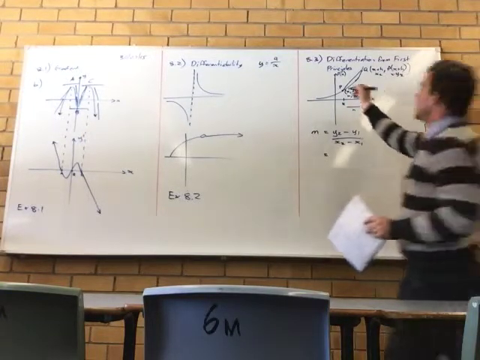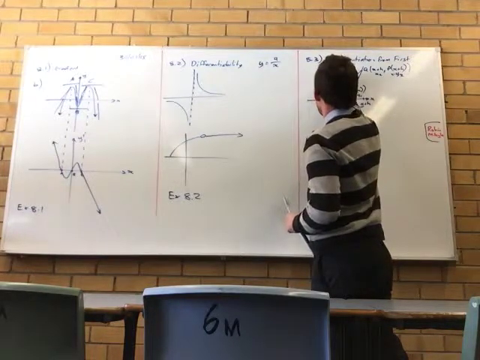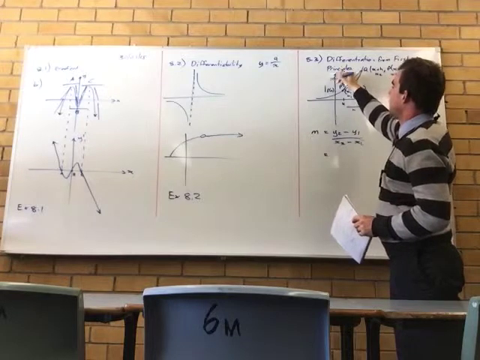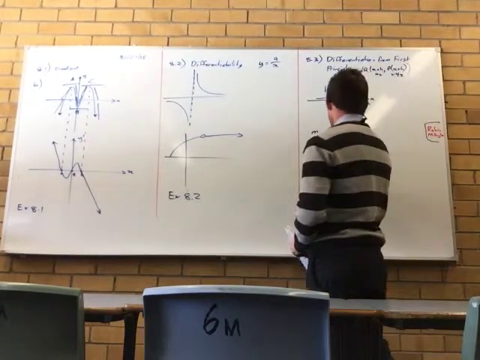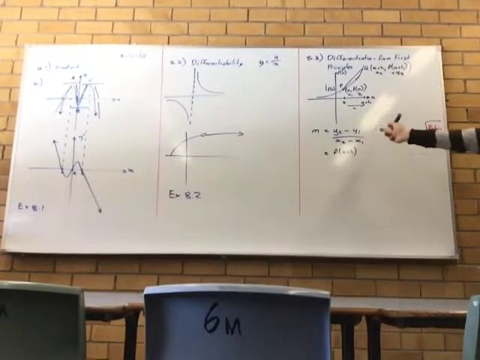And then that means you have f of x here, and then from the change you're going to have f of x plus h. So we have f of x plus h as y2, and we substitute into our gradient formula.